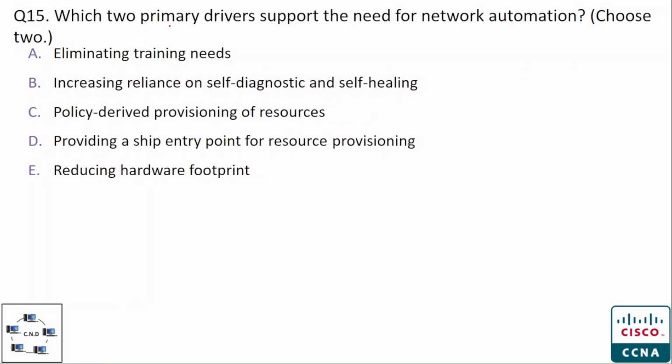Question number 15. Which two primary drivers support the need for network automation? Choose two options. The options are option A, eliminating training needs, option B, increasing reliance on self-diagnostic and self-healing, option C, policy-driven provisioning of resources, option D, providing a single entry point for resource provisioning, and option E, reducing hardware footprint.